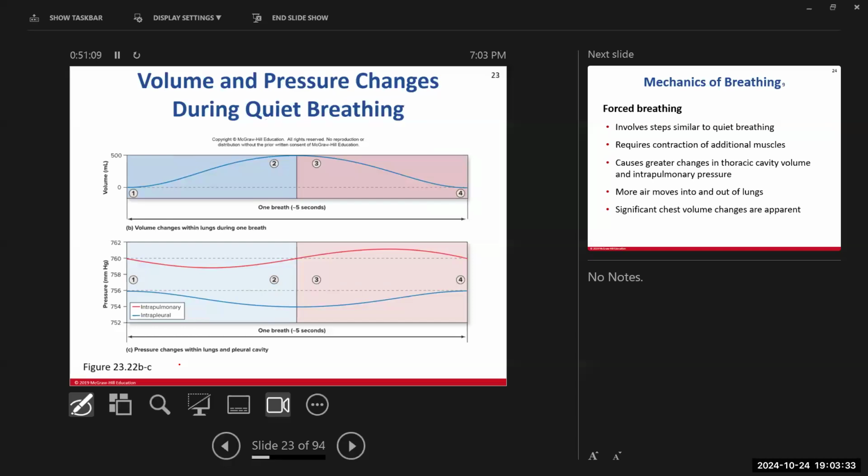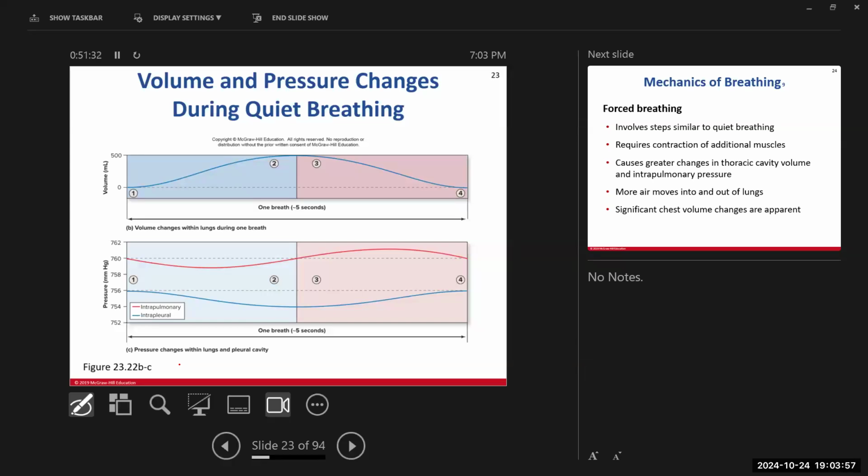This picture here is just showing you airflow with volume and time. So one complete breath, which includes inspiration and expiration. Breath in, breath out. You can see the volume of what's moving as you inspire, 500 milliliters.